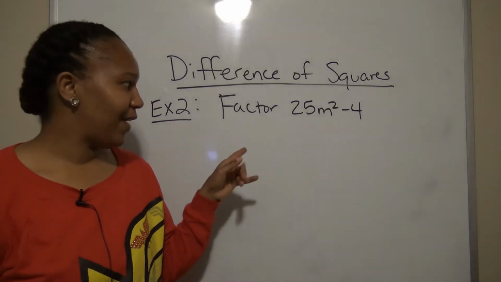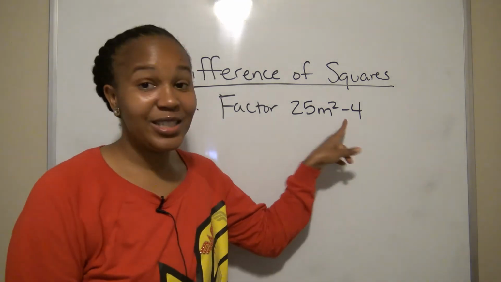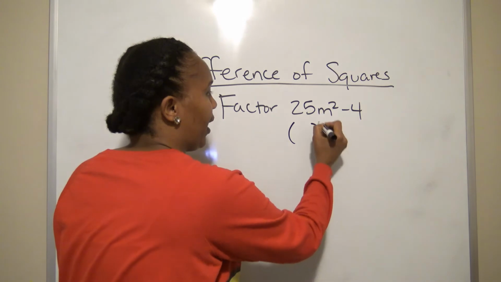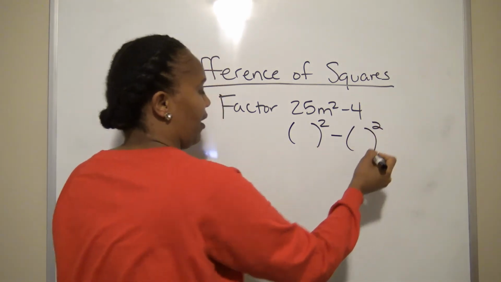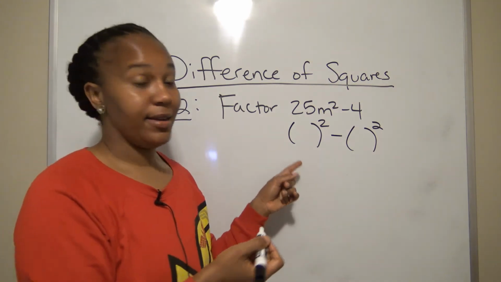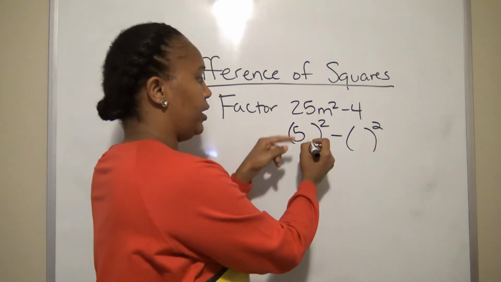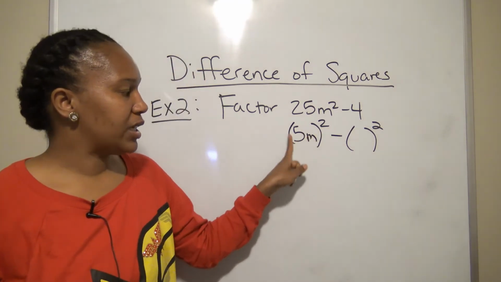Okay, now we want to factor 25m squared minus 4. So it's two terms. It has a subtraction. So let's check to see if it's the difference of two squares. Meaning, can I rewrite 25m squared as a square? And can I rewrite 4 as a square? Yes, I could rewrite 25 as 5 squared and m squared as m squared. So that becomes 5m squared, because I'll square both of those.